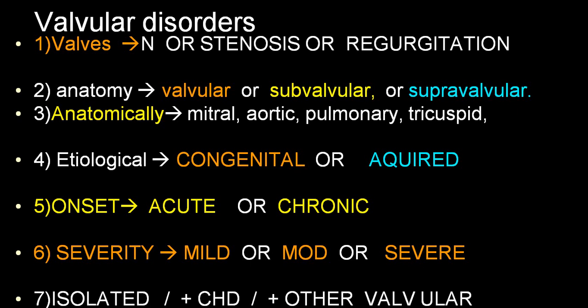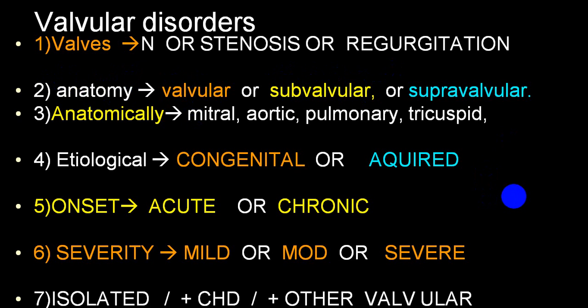Now there are a few terms which will be very frequently utilized during valvular heart disease. One is normal valve, stenotic valve, regurgitant valve. Second, depending upon the anatomical structures, and this is mainly utilized in the pulmonary and aortic valves, we call it valvular involvement, subvalvular involvement, infundibular involvement, or outlet obstruction.